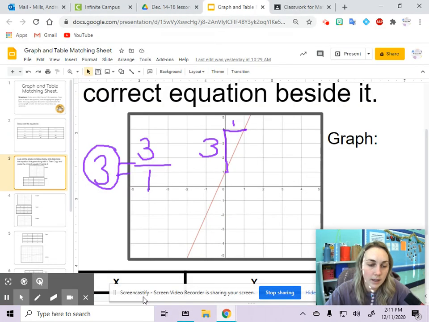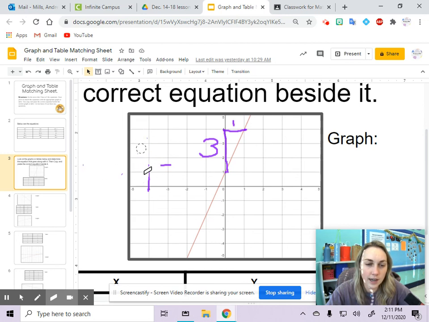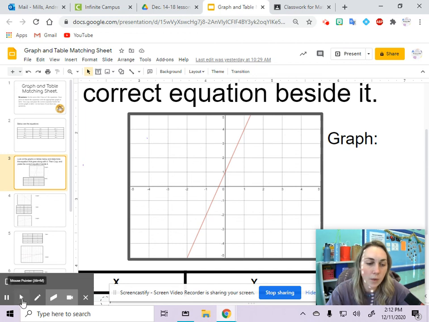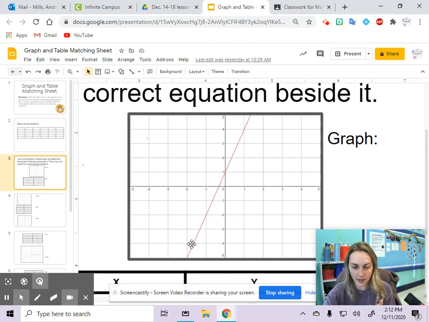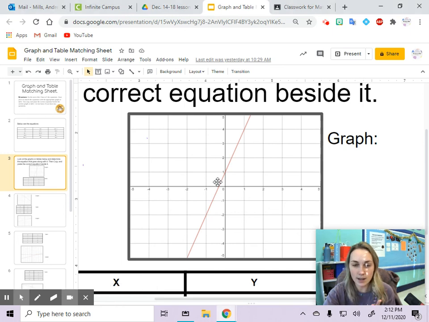All right, cool. Let me erase these real quick. Now let's try to find the y-intercept. The y-intercept on a graph is where, when you're following the line, the line crosses the y-axis. The y-axis is the vertical axis. It's this one right here.